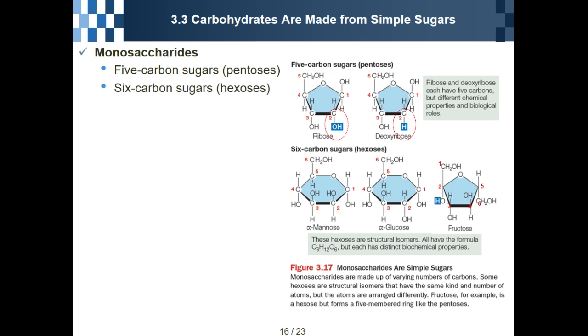We call it a pentose. And there is another example, 6-carbon sugar. They have 1, 2, 3, 4, 5, 6. We call it a hexose. In pentose, we can see ribose. And if there is no oxygen, we call it deoxyribose.